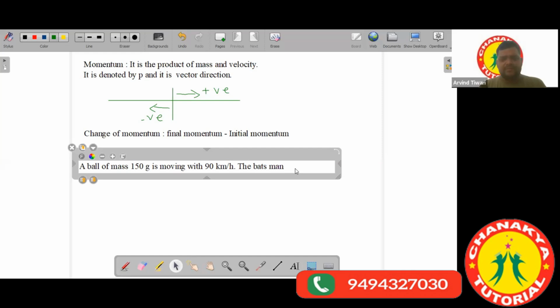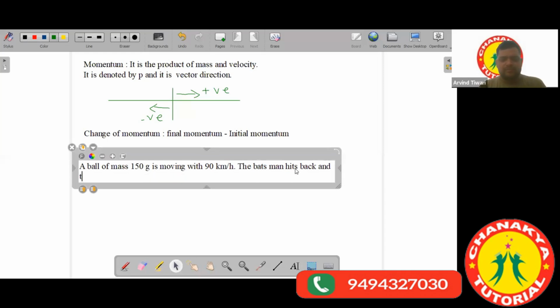The batsman hits back and the ball retraces back with a speed of 120 kilometer per hour. So you have to find the change of momentum. Okay. So find the change of momentum.